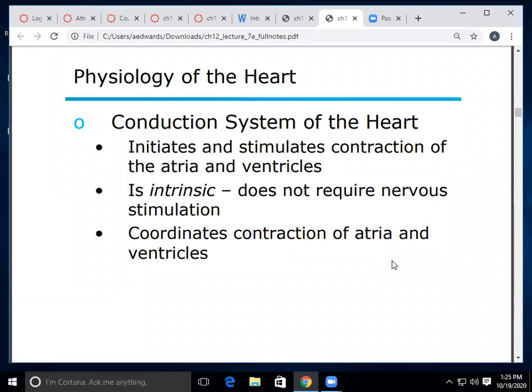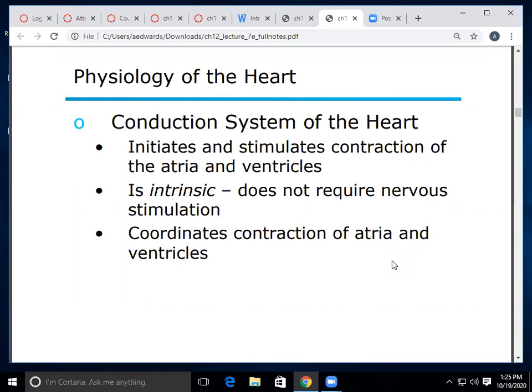Okay, so the heart's able to contract in a coordinated way because it has a conduction system that's able to essentially use electrical signals to make a coordinated heartbeat. So you're going to have initiation and stimulation of the atria and the ventricles.